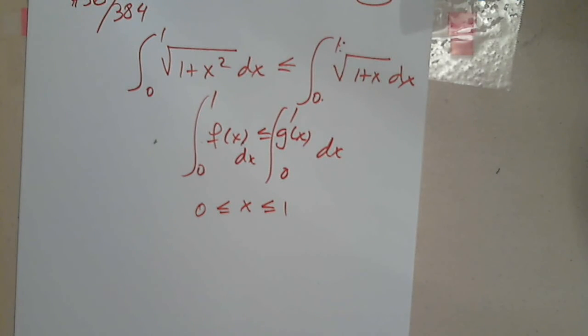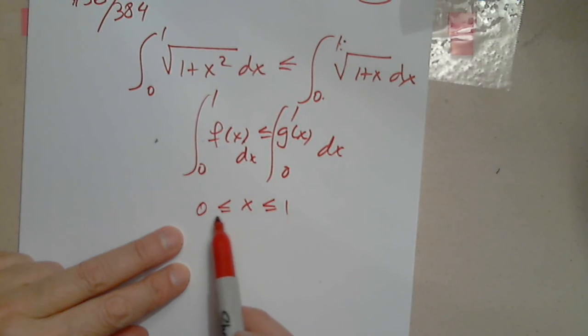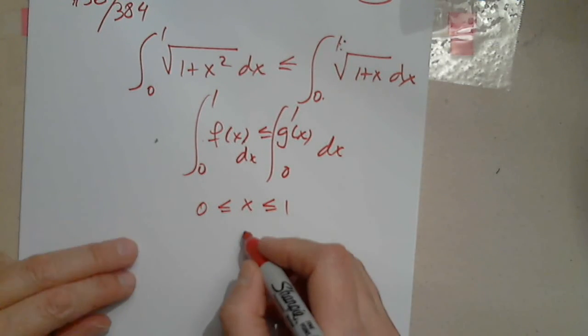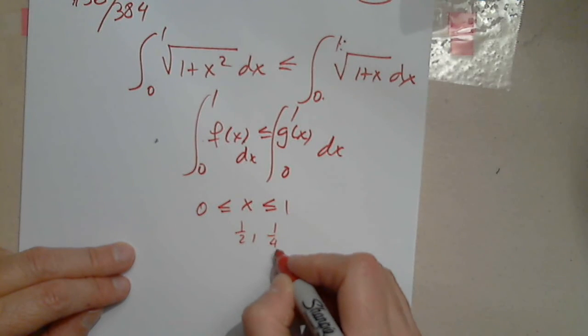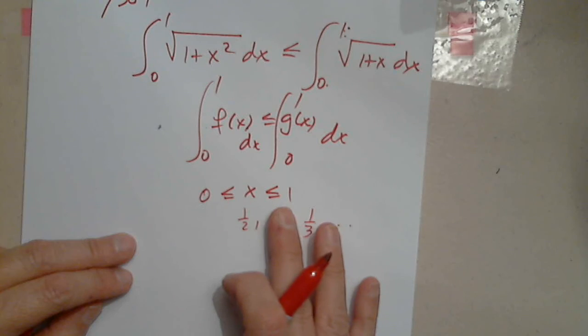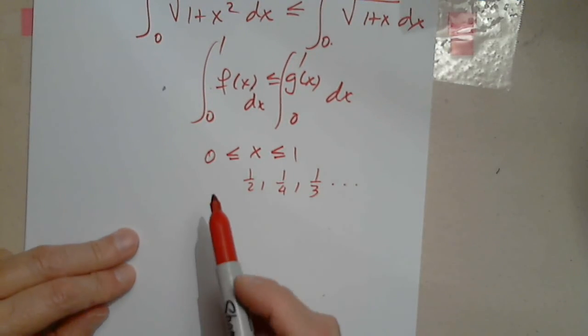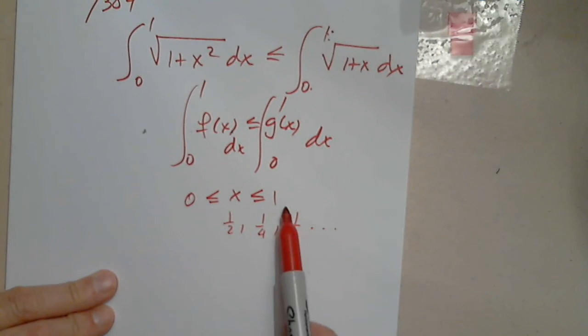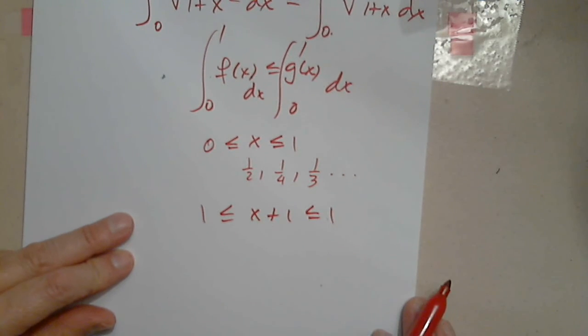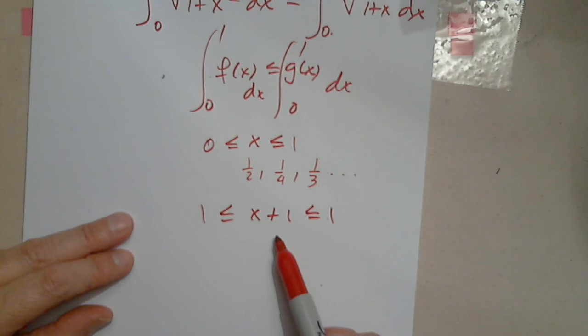Okay, so now because x is between 0 and 1, is a number like, let's say, 1/2, 1/4, 1/3, and so forth. It's between 0 and 1. And when I add 1 to all three sides, I get this.